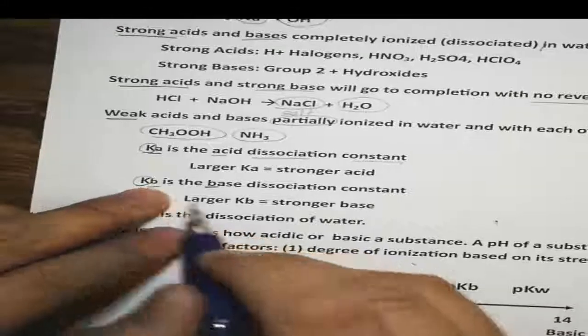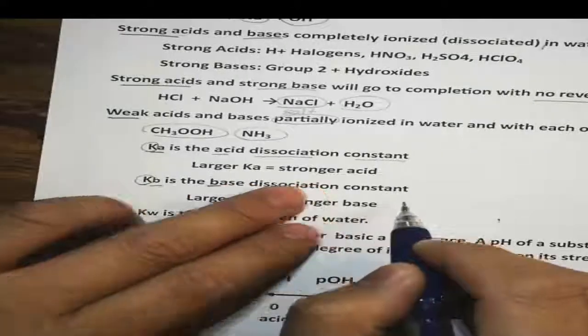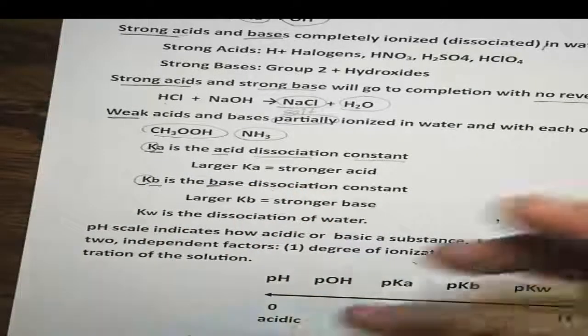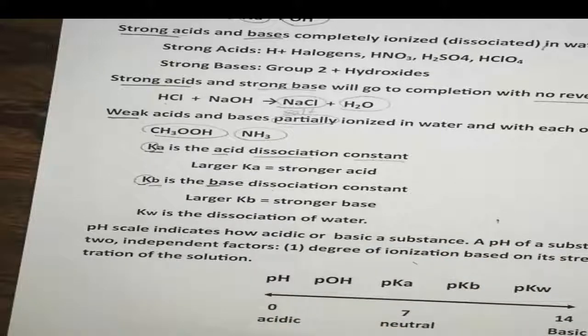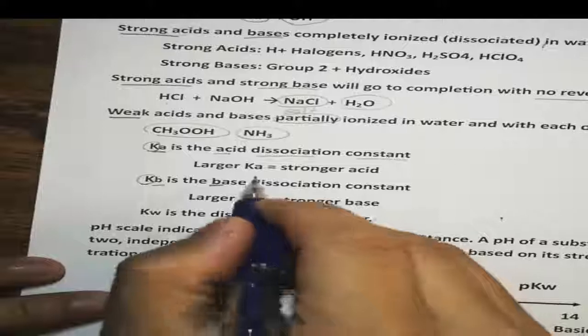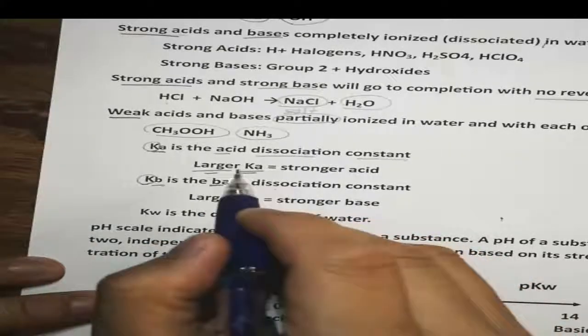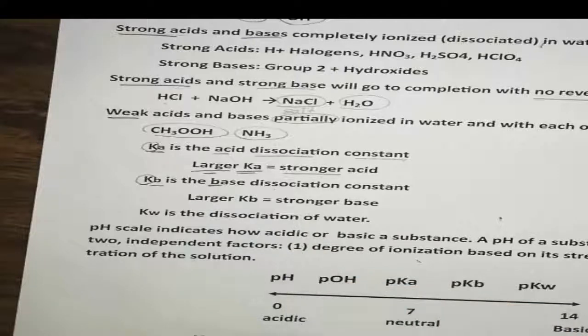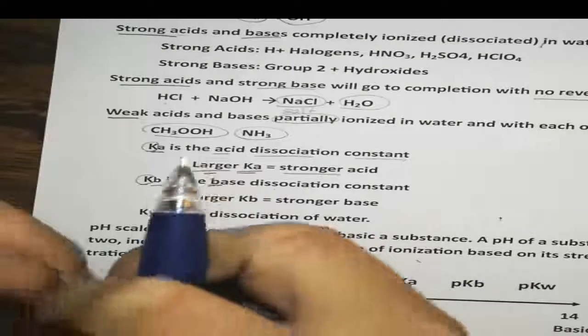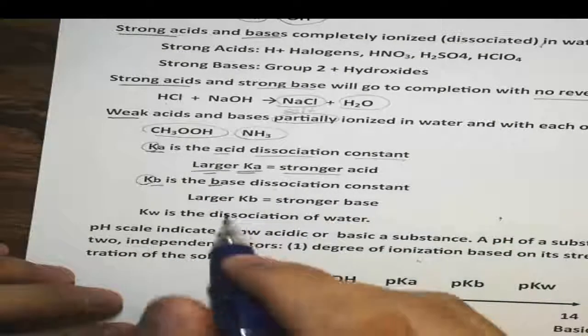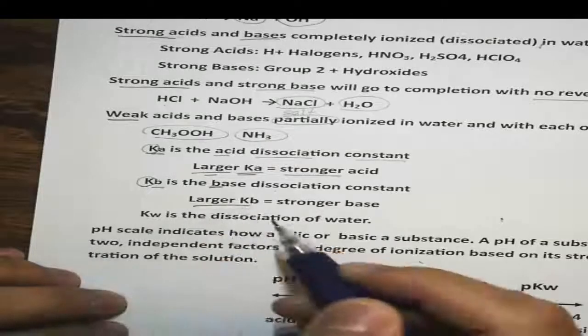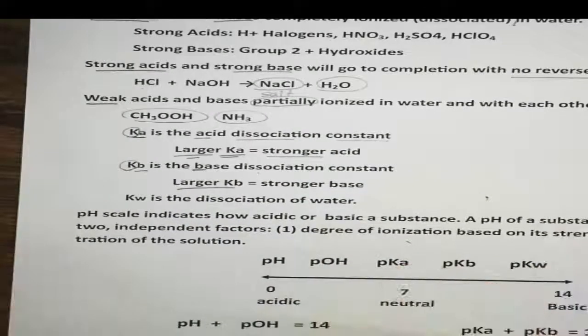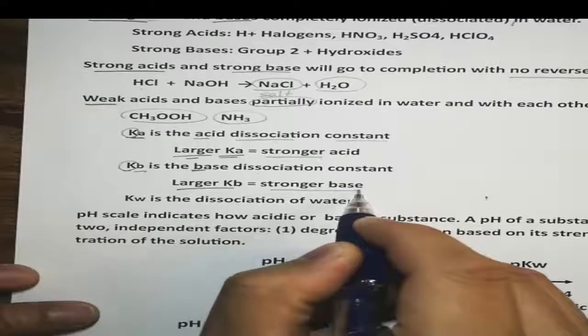So this Kb represents the dissociation constant of a base: how much of that base will be dissociated or ionized into ions? If we look at Ka, the larger the Ka, the stronger the acid, because the more it will be ionized into ions. The same thing for Kb. The larger the Kb, the more it will be ionized into ions, and the stronger the base.